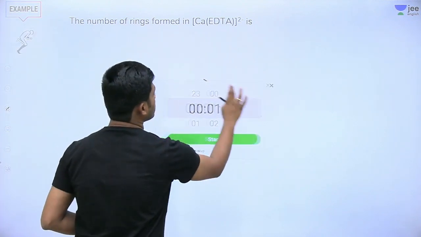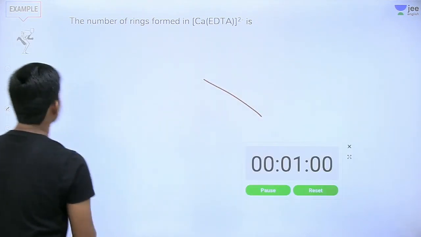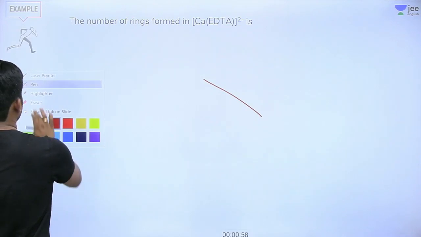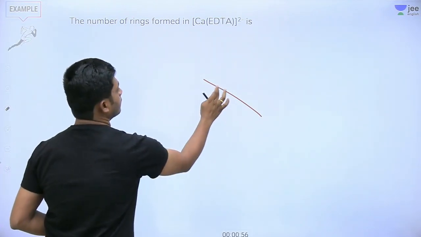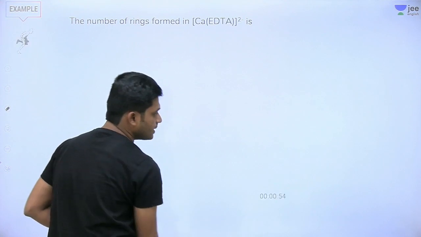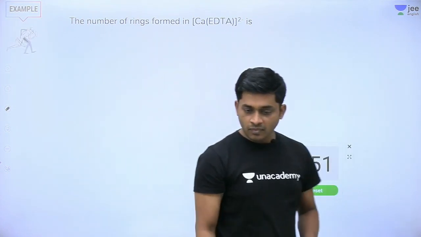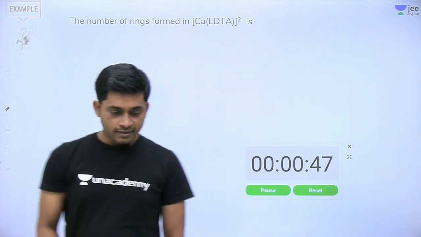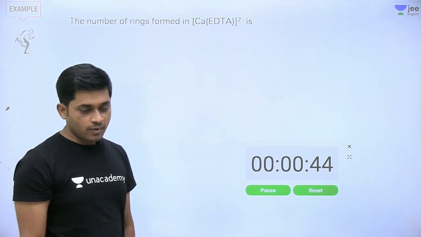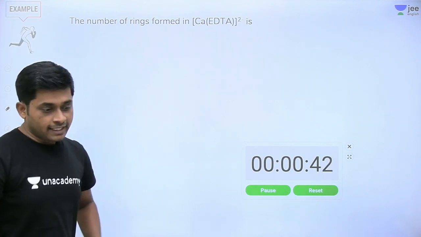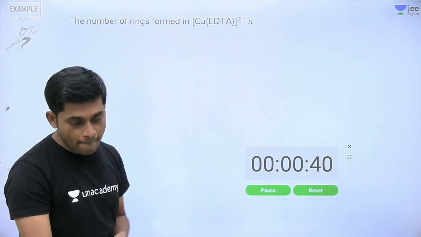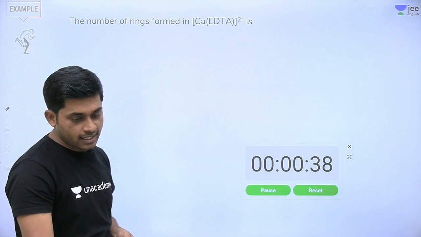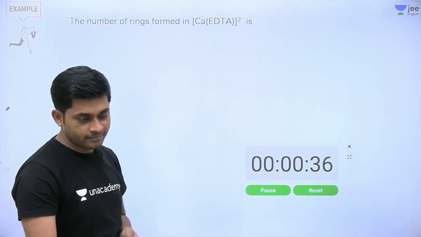Let us see, what is the answer? How many rings are possible in the calcium EDTA complex? Okay, I'm already getting answers of 6.